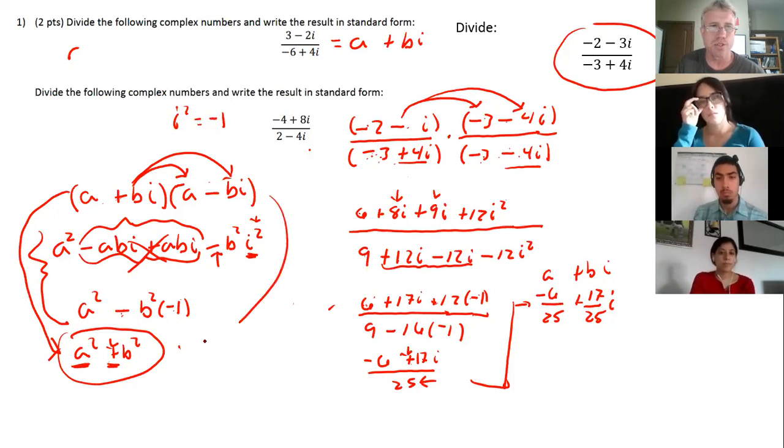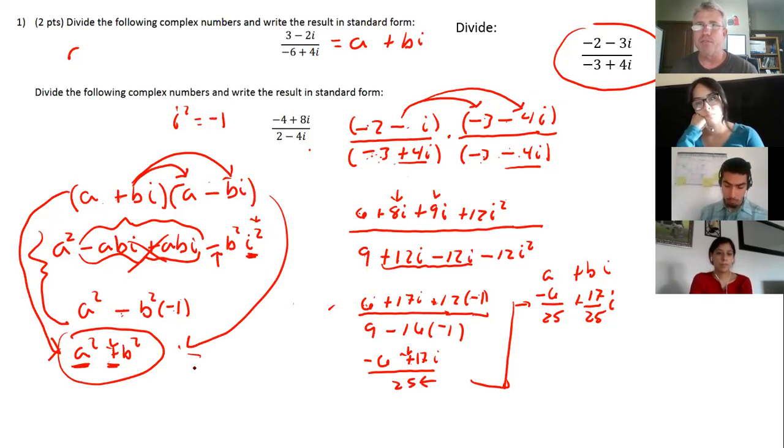It is okay to just say, I know how it turns out. In fact, I'm multiplying by the conjugate for only one purpose, to turn a complex denominator into a real number so that I can break it apart into that a plus bi format.